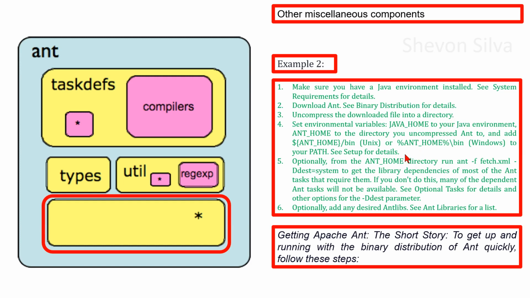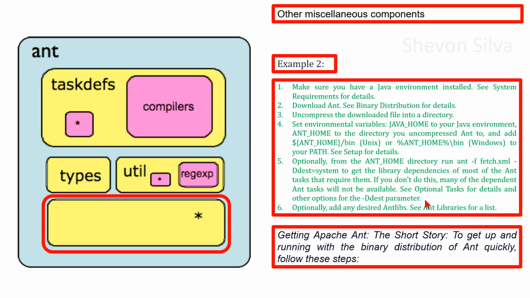Step 4, set environment variables: JAVA_HOME to your Java environment and ANT_HOME to the directory you uncompressed Ant to, and add ${ANT_HOME}/bin in Unix, or %ANT_HOME%/bin in Windows, to your path.